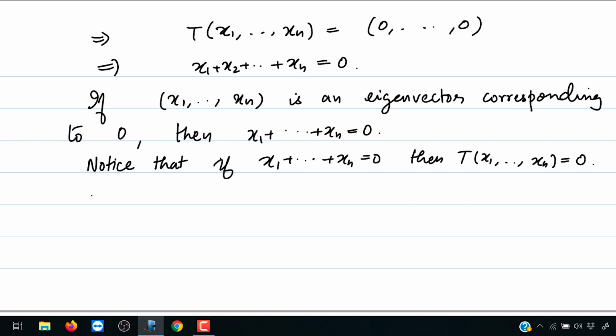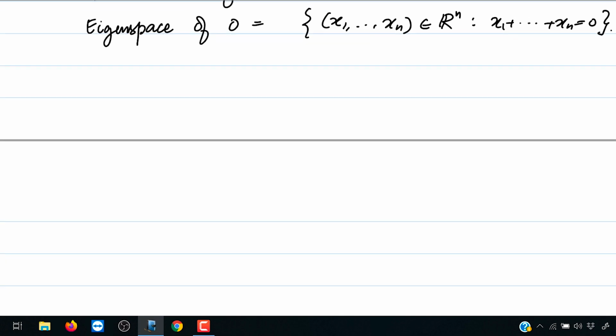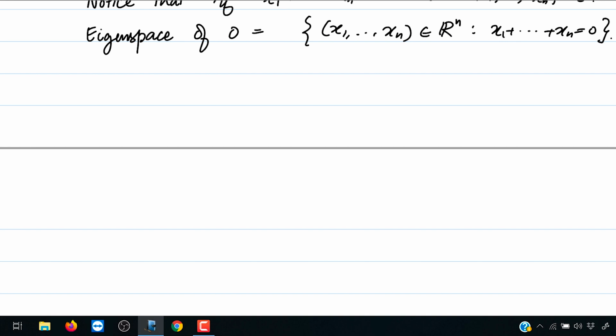So yes, the eigenspace of 0 is the set of all (x1 to xn) in Rn such that x1 plus x2 plus up to xn is equal to 0. We know that this is an n minus 1 dimensional vector space. So that is when lambda is equal to 0.